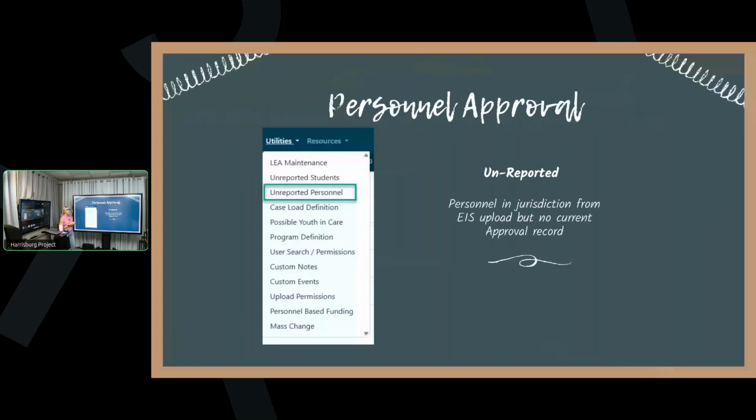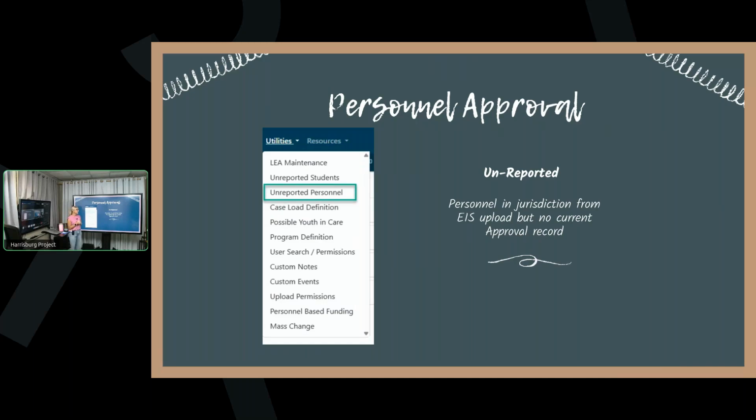So one way that you can determine the personnel that you may be missing in iStar would be to go to your unreported personnel tab. What that would show you is any personnel that you do not have entered in iStar already that show as having a special ed position code in the educator information system. So your district submits a file to the educator information system every year.